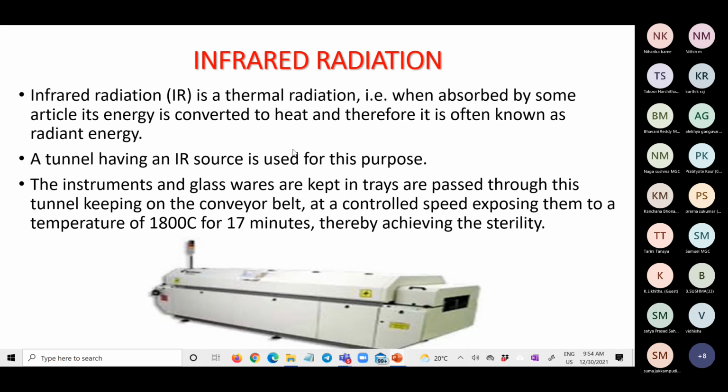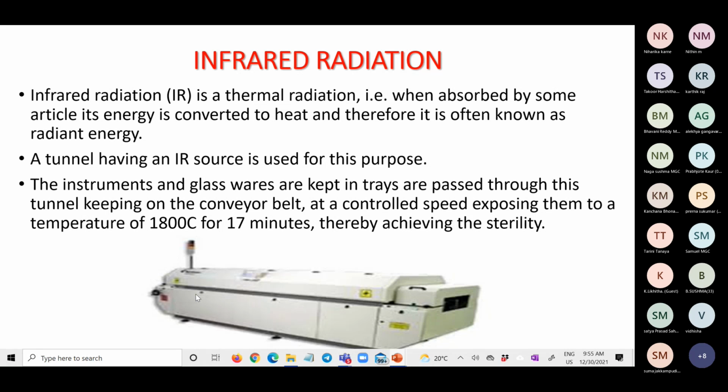Okay, so again we will read this point: infrared radiation is a thermal radiation. When absorbed by some articles, its energy is converted to heat, and therefore it is known as radiant energy also. Now, infrared radiation sterilization requires one complete instrumentation, which has a tunnel.